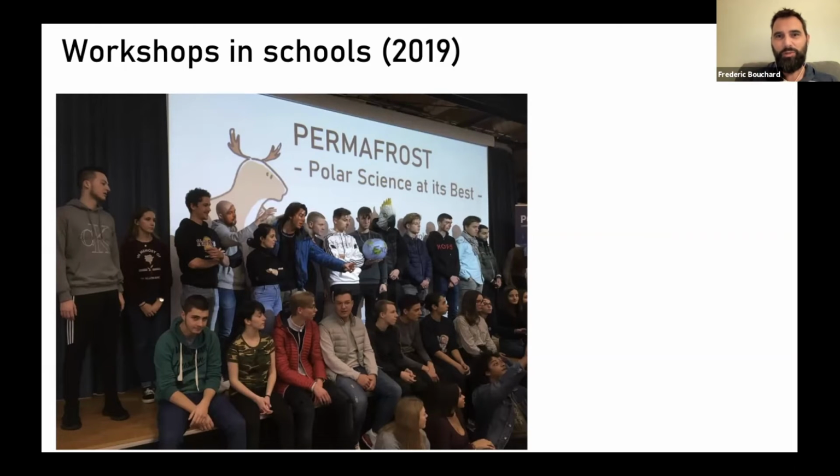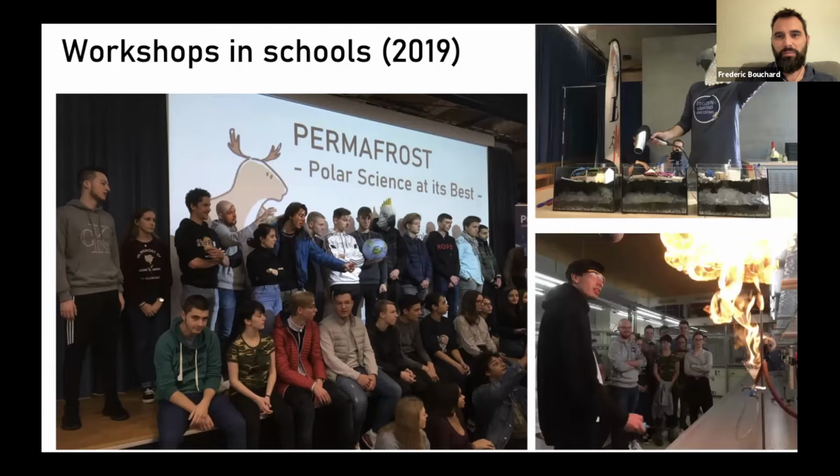So if you can push the button, Ylva, you have an example here. For example, on the top right corner, we would design those aquariums with little villages, Arctic villages with ice and soil. And we would slowly thaw this frozen ground with a hair dryer, as you can see, which simulates climate change or global warming. So it's a kind of accelerated global warming.